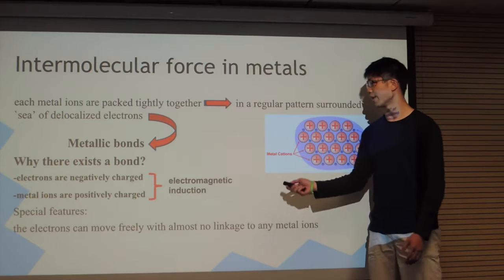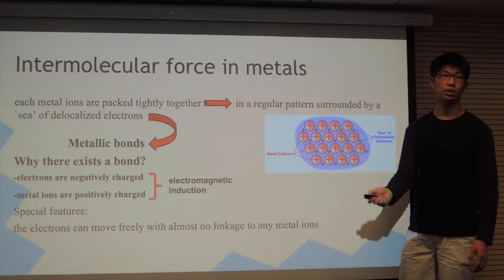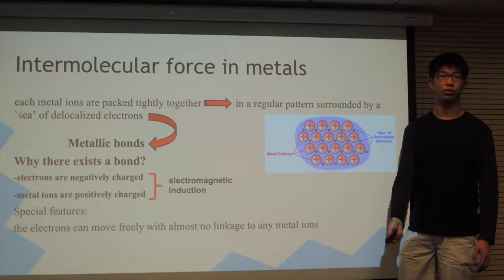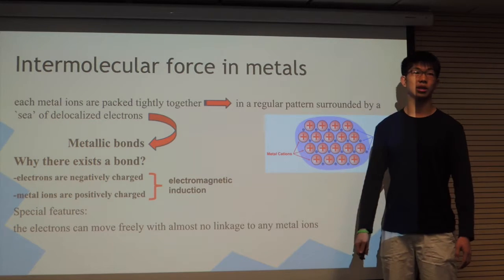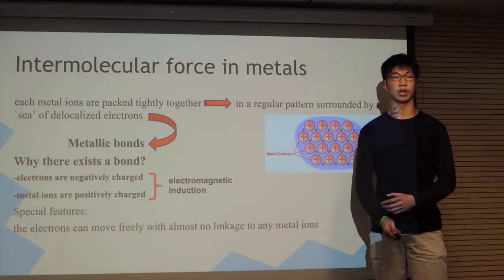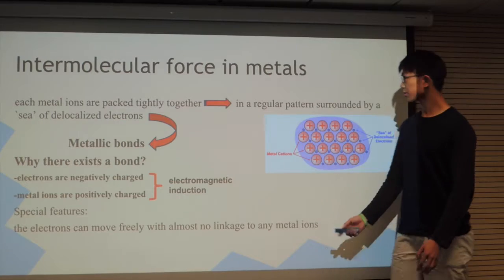Such electromagnetic induction creates the delocalized electrons surrounding the metal ions, forming the metallic bond. Another feature of metallic bonding is that all the delocalized electrons move around freely. They're not associated with any metal ions.